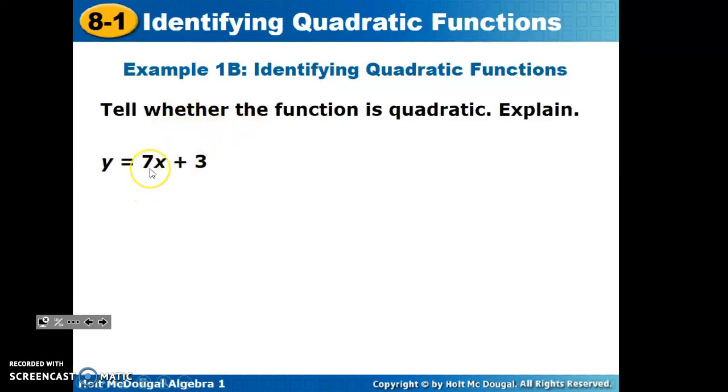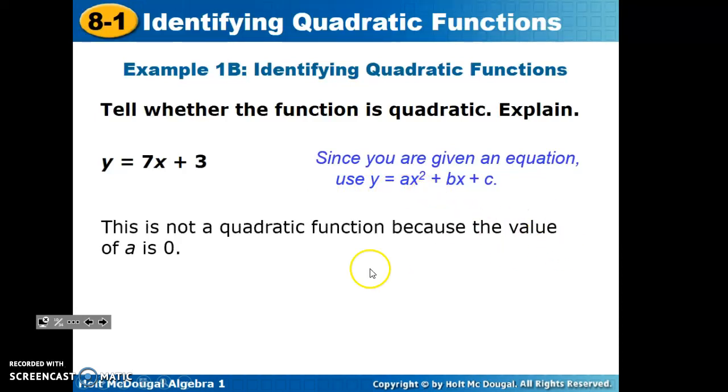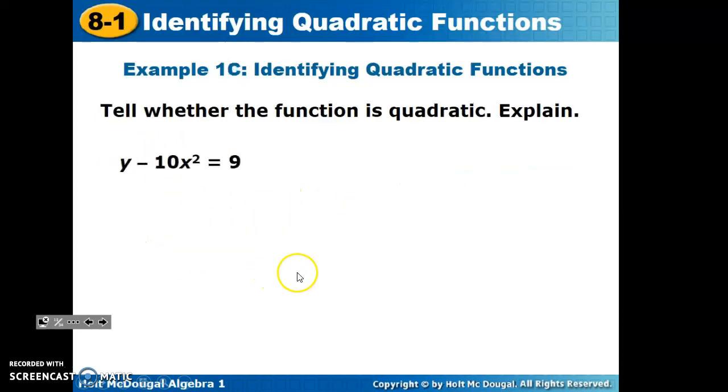So, just like the table, we can look at a function and see whether it is quadratic or not. Since you're given an equation, we want to use ax squared plus bx plus c for our form of a quadratic function. This function happens to not be quadratic because the value a x squared is 0. There is no x squared term.